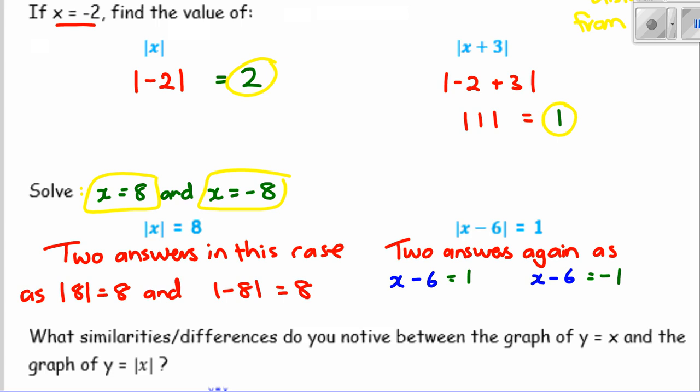So it's possible that this thing here could have ended up equaling 1, or it could have equaled negative 1. So what I've done is I've separately set that x minus 6 equal to 1 and negative 1, and we're going to separately solve them.